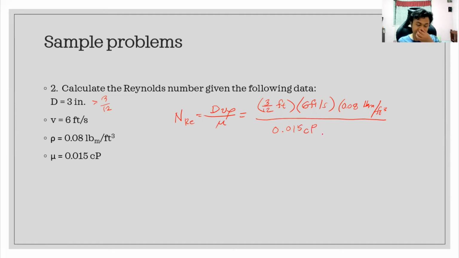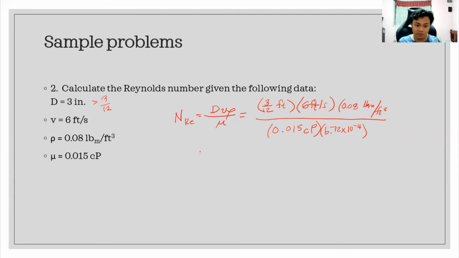But as you can see, these units are not consistent with our viscosity unit, so we have to multiply it by a conversion factor that transforms it into an English unit also. You can find in your Perry's the value 6.72 times 10 to the negative 4, which transforms this centipoise unit to an English unit.